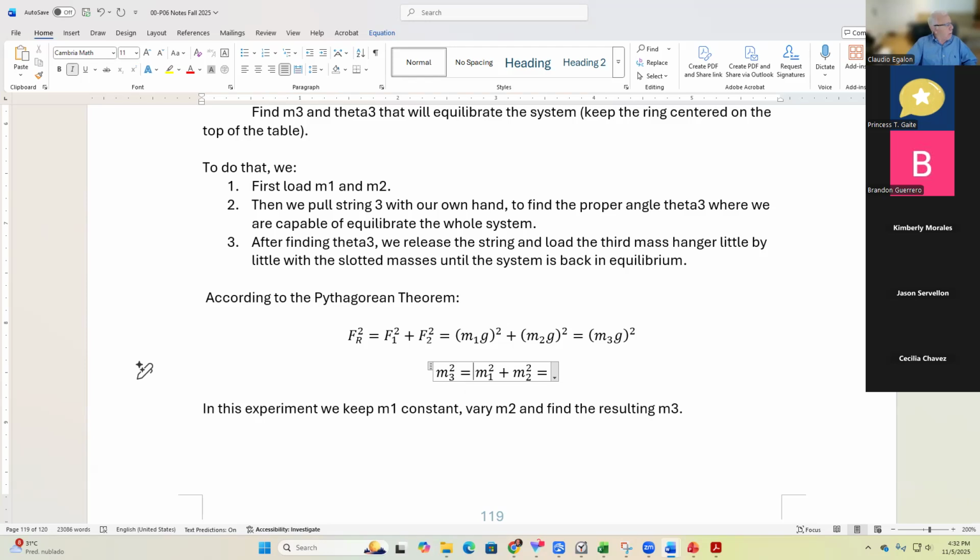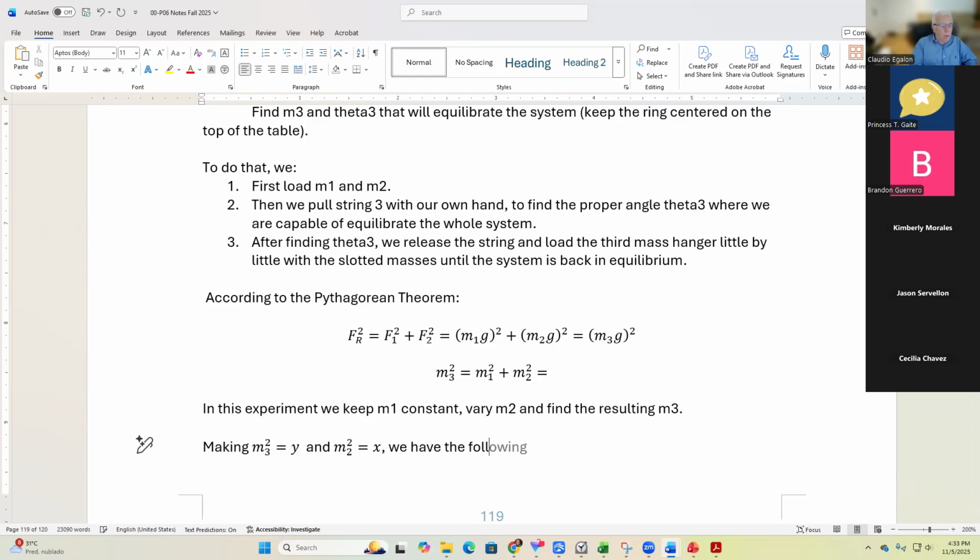What do you have here? Making M3 squared equal to my dependent variable y, and M2 squared equal to my independent variable x, okay, we have the following equation.